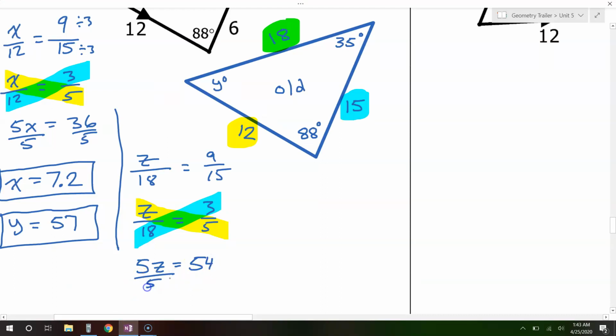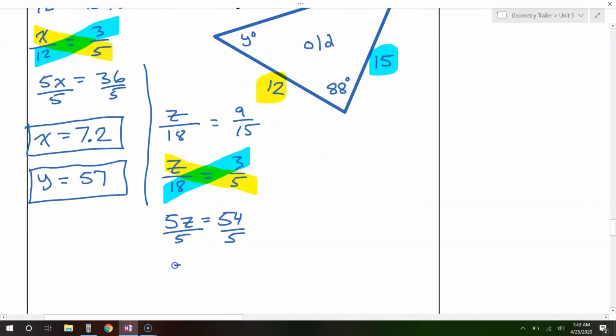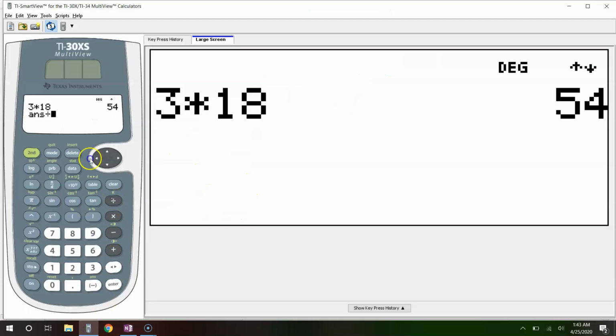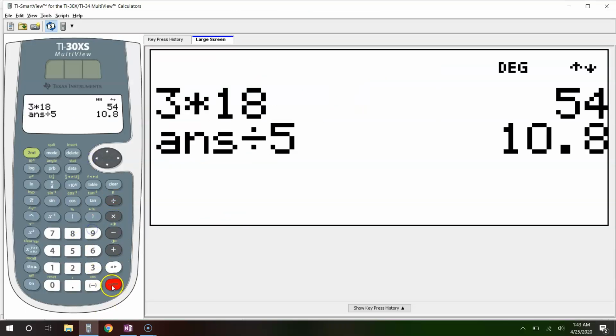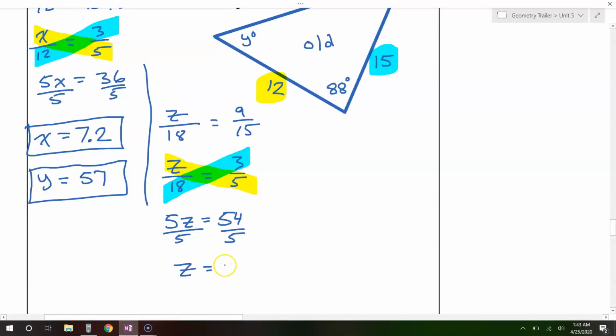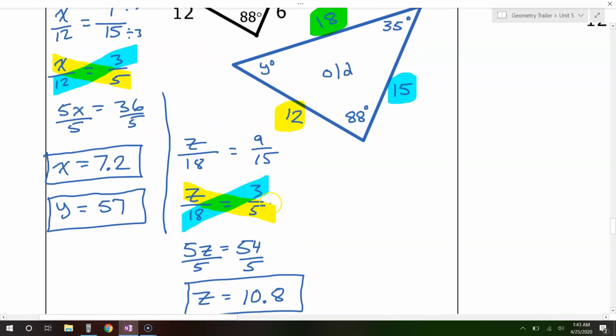And then we need to divide both sides by 5. 10.8. All right, that's it. We found those unknown values.